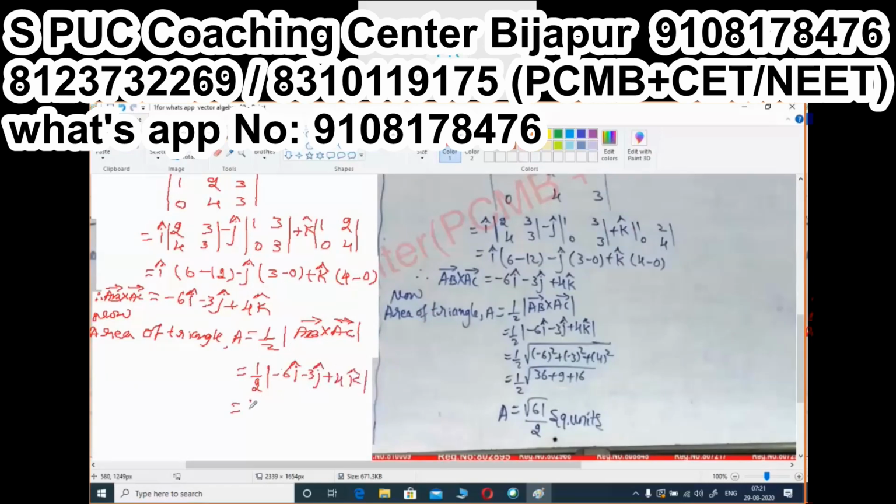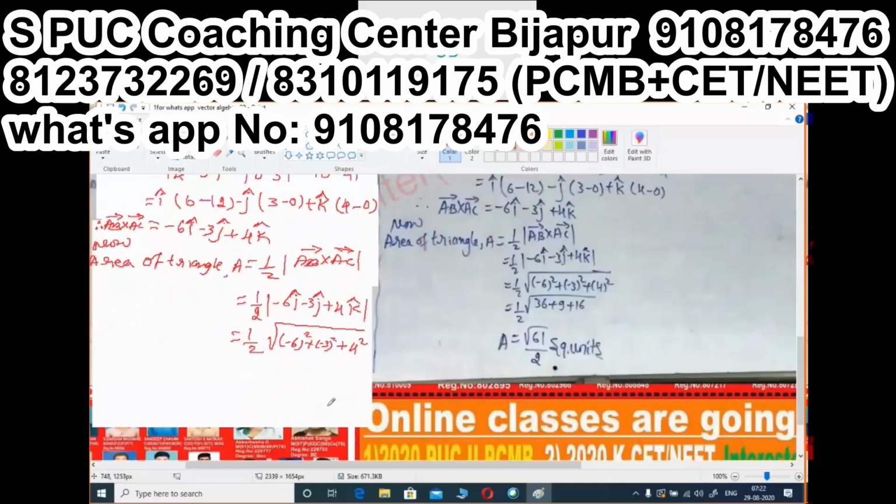So its modulus is going to come out as the square root of minus 6 square plus minus 3 square plus 4 square. You do the simplification: 1 by 2 root of 36 plus 9 plus 16.